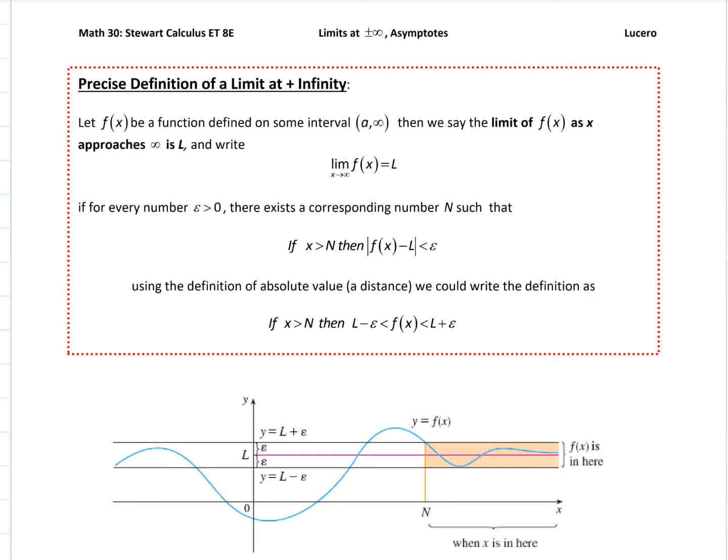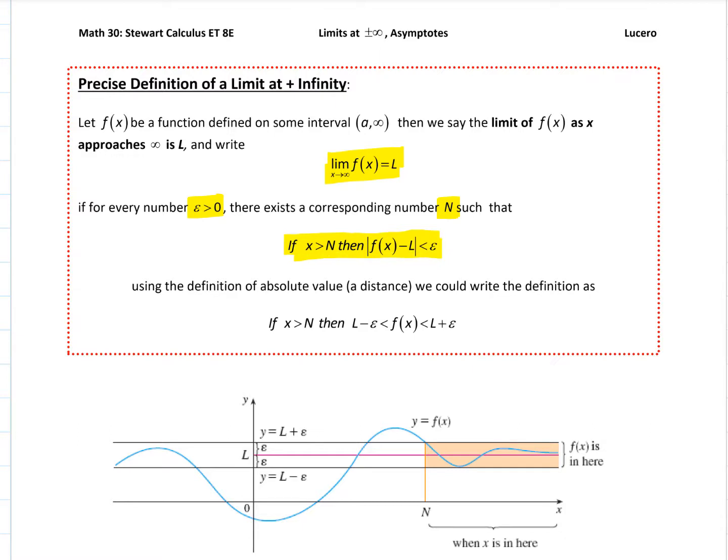And so here basically what we're saying is, if we say that the limit of a function as we approach infinity is L, what that means is that given any epsilon, there is a number, this time we're going to call it n, such that as long as x is greater than n, |f(x) - L| will be less than epsilon.